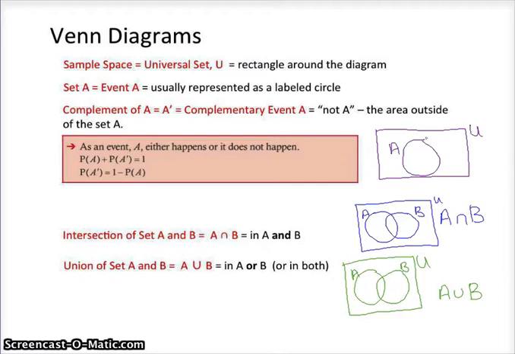And so this here is set A, and the other thing that we can talk about is the complement of an event, which is everything that is not in A. So in this case, the complement of A is everything that is around it.